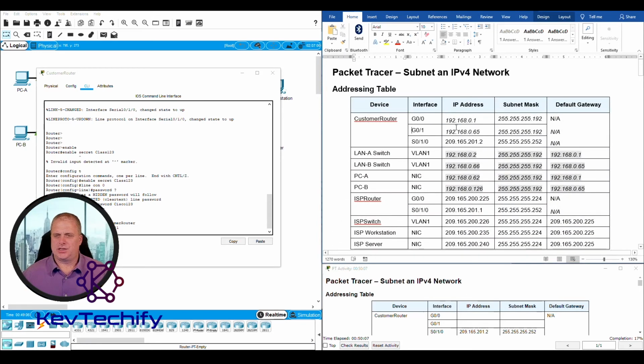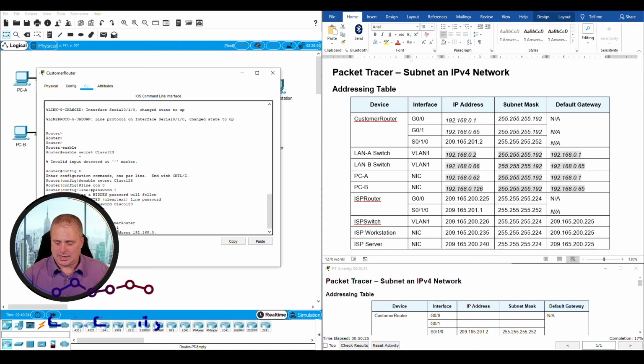Right here is our information for G0/1. IP address of 192.168.0.65. And then I hit enter.